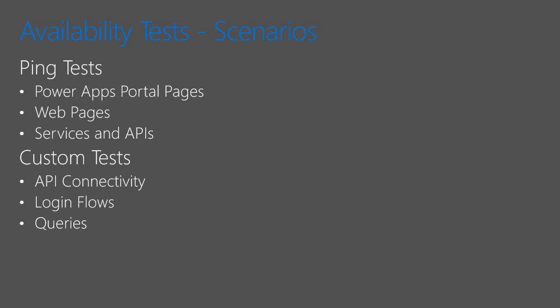So maybe I'm here in Texas and I want to see how long it takes if I were to make a request to a web page being served in Japan or Australia, something a little bit further away than something here in the United States. I could ping it and get that duration back, as well as whether it was successful, etc.